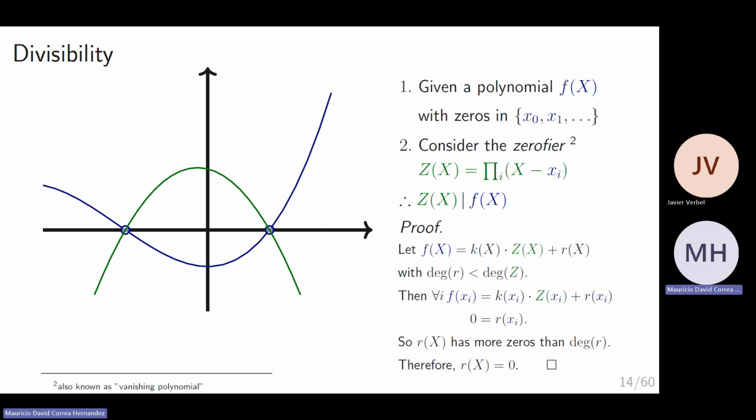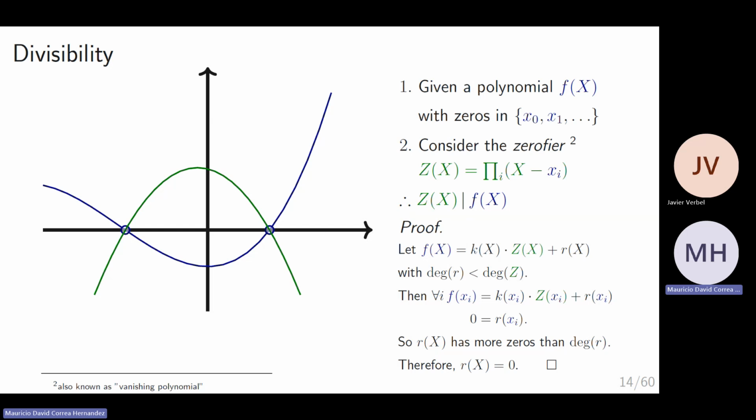It's actually not very difficult. So we decompose f in terms of a product of some cofactor with the zerofier, and then we do not know a priori that there isn't a remainder, so we have to write that remainder, but we can know that the degree of this remainder is smaller than the degree of the zerofier.